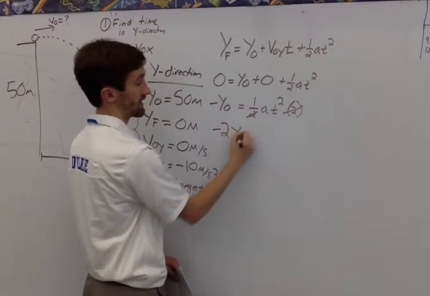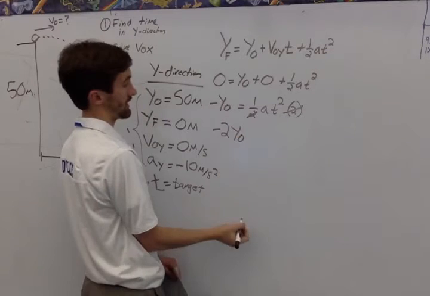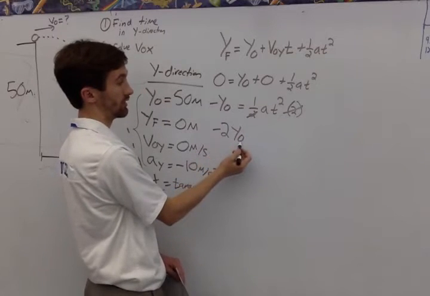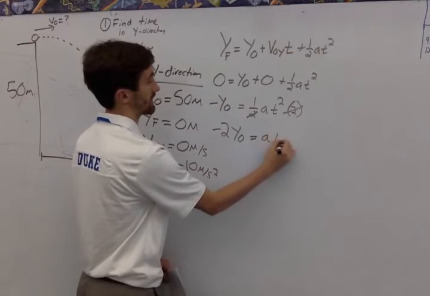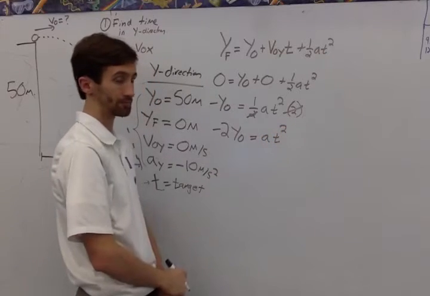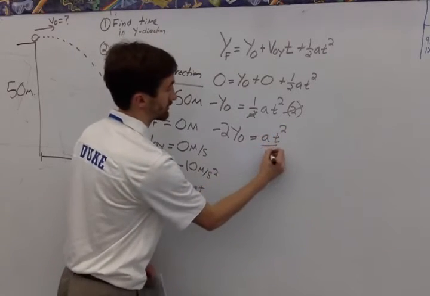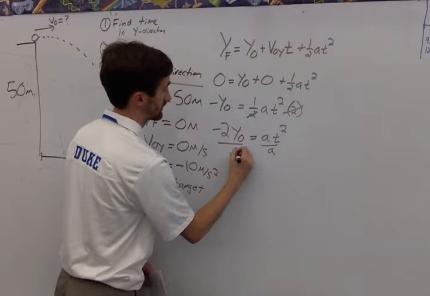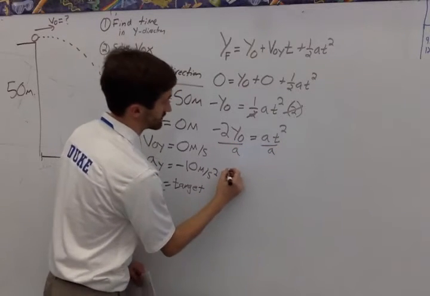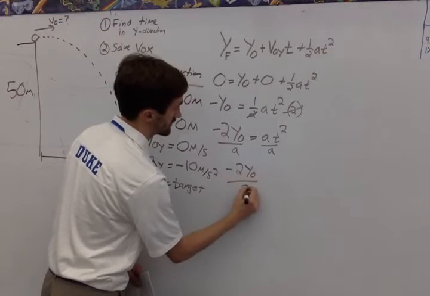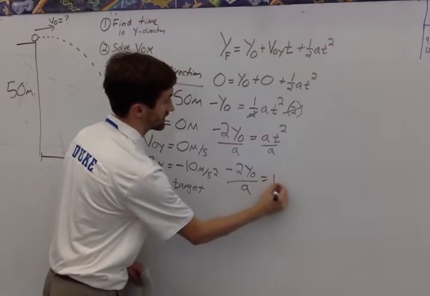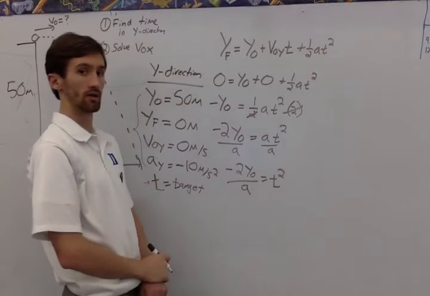Whatever I do to one side, I have to do to the other side. So I have negative 2 times initial position equals a t squared. Then I have to divide both sides by a. And that gives me negative 2 times initial position divided by a equals t squared.